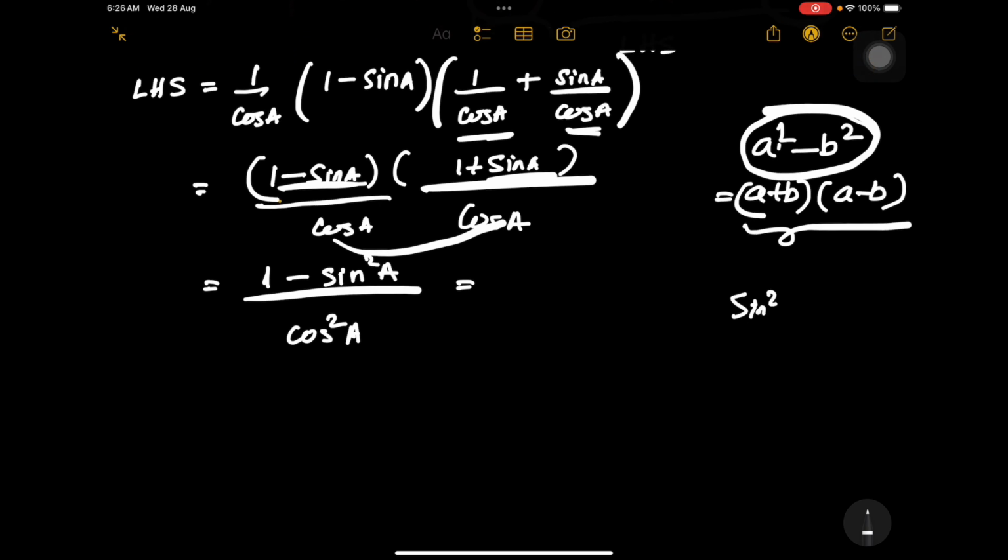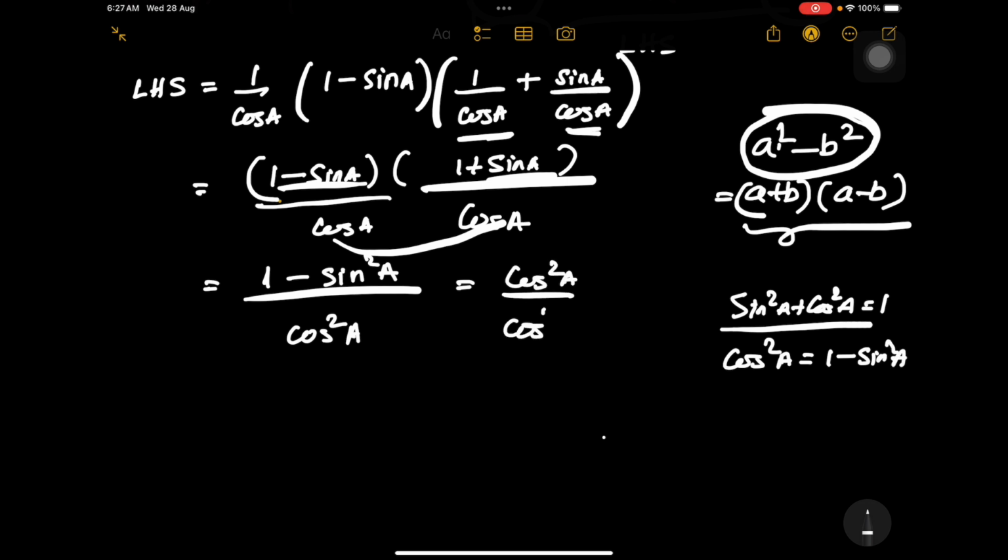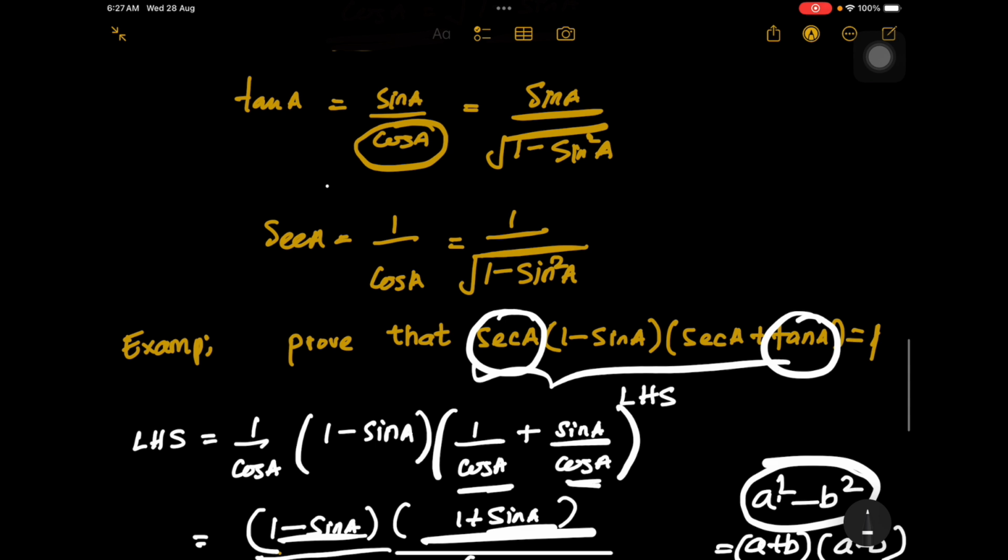Because sin squared A plus cos squared A is equal to 1. This is the first trigonometric identity. So cos squared A is equal to 1 minus sin squared A. So cos squared A divided by cos squared A is 1. This is the right hand side. So it's proved.